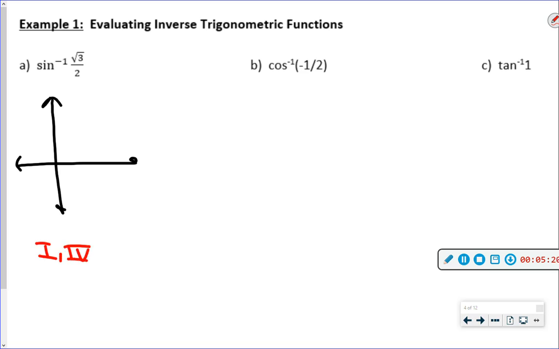How I'm going to determine whether I'm in 1 or 4 is whether my fraction's positive or negative. Clearly it's positive, so I'm going to draw it in 1. If it was negative, I would have drawn it down in 4. Sine we know. Our missing side is 1. Most important, what is the angle across from the side that measures √3? 60.